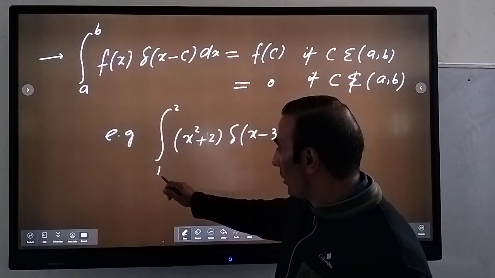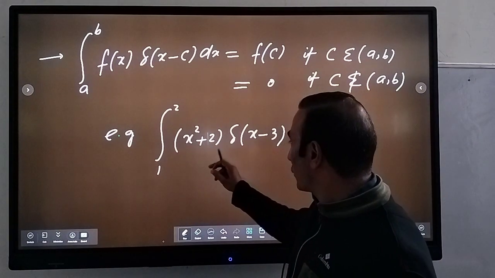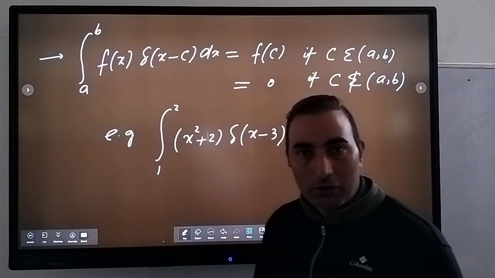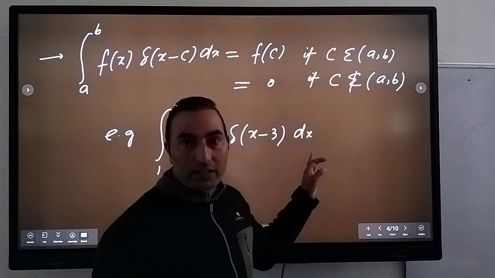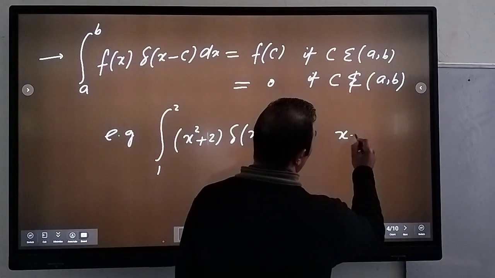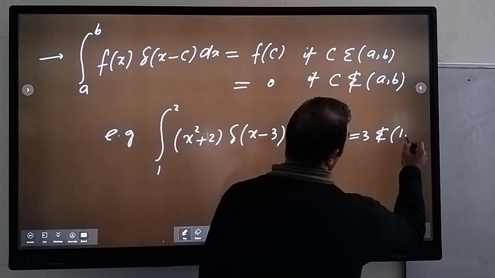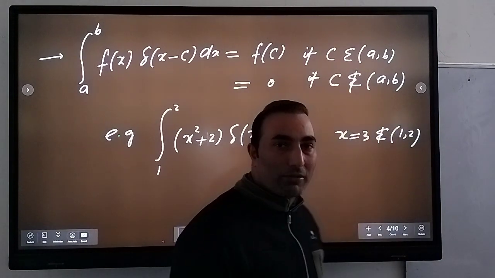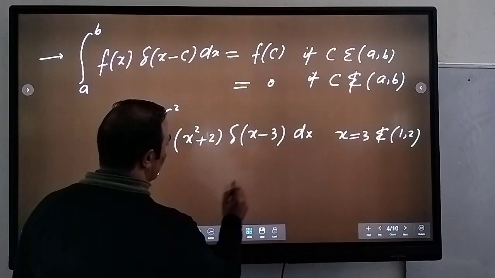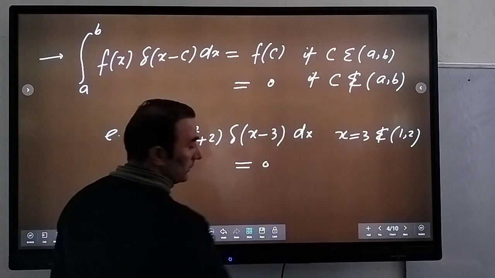So our limits are from 1 to 2, and the integrand is x square plus 2 into delta of x minus 3. In that case x equals 3, but it doesn't belong to the interval 1 to 2. So the value of this integral will be equal to 0, right?